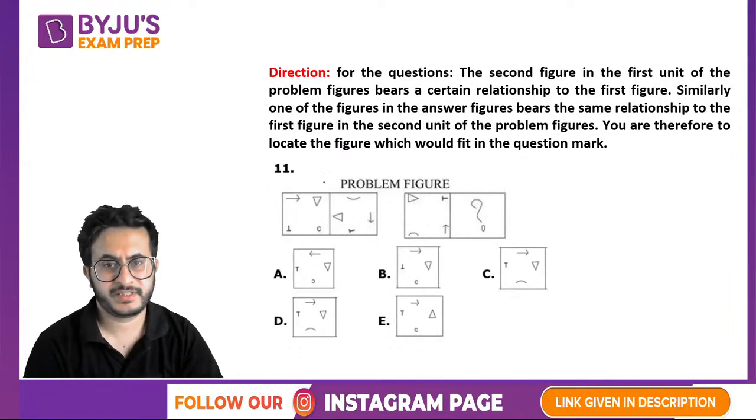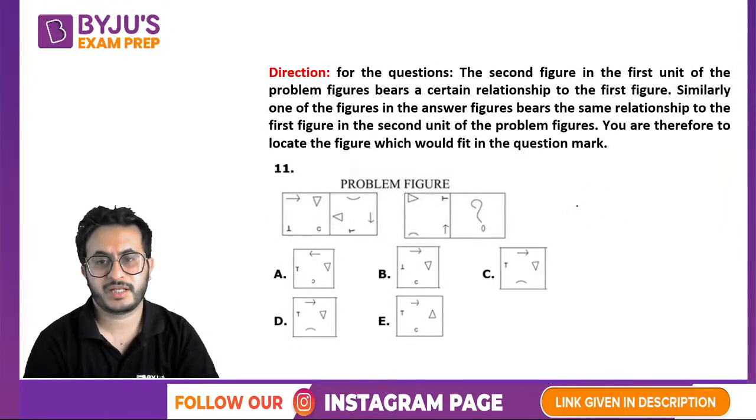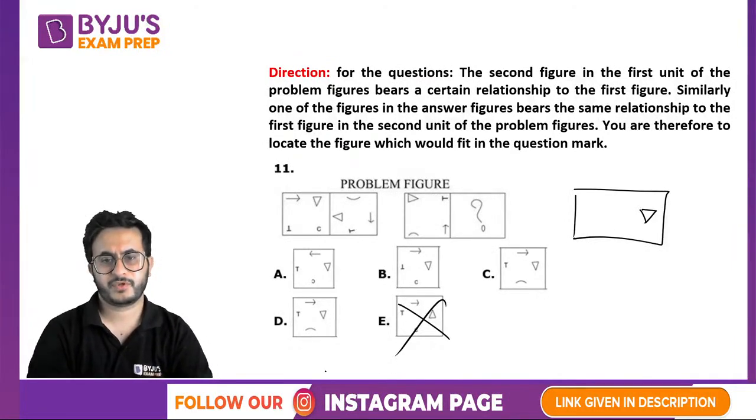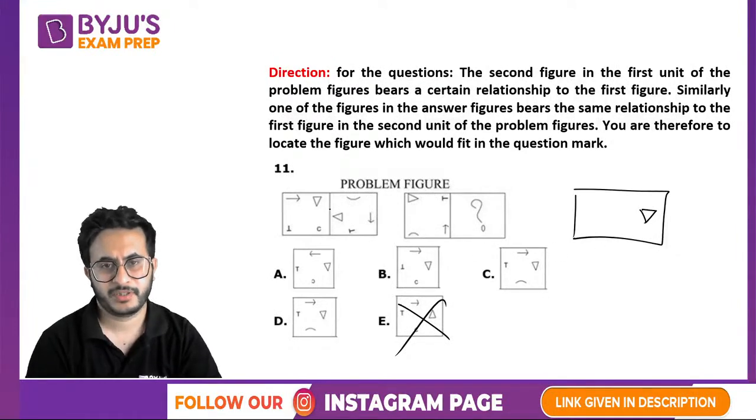So first, if we see this figure, this arrow has come to the center of this side and pointing down. Okay, so this triangle will come to the center of this side pointing down. So we can eliminate option E. Okay, because in this the triangle is pointing up.